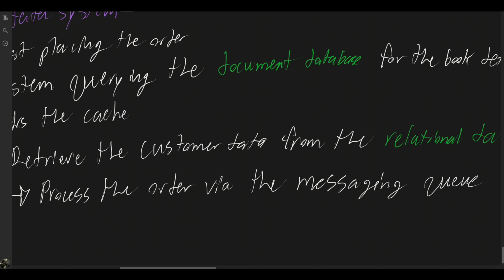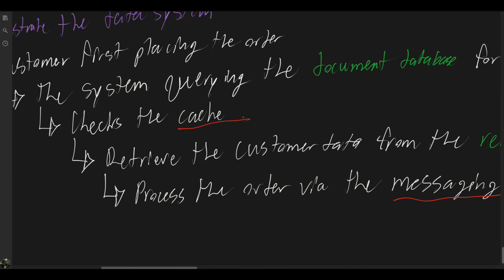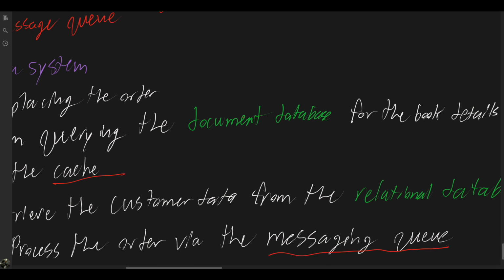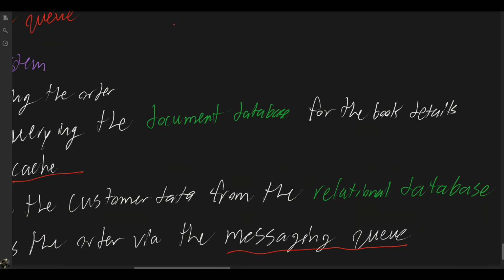Let's just underline that red. Also cache, so we already know, because every data intensive system is always going to have a database, cache, and queue.